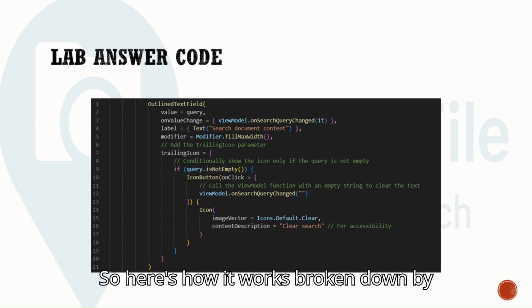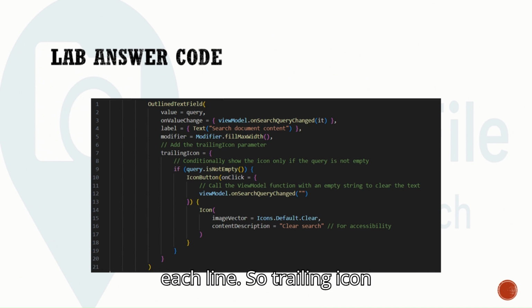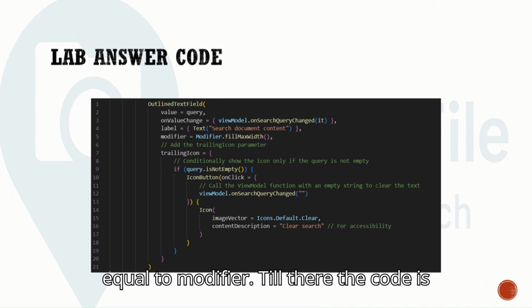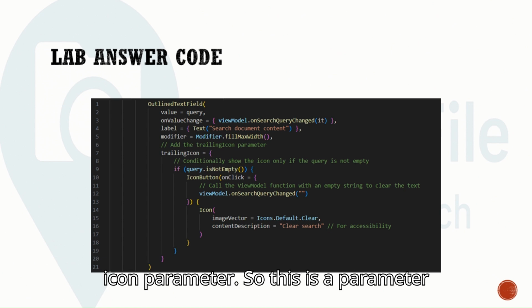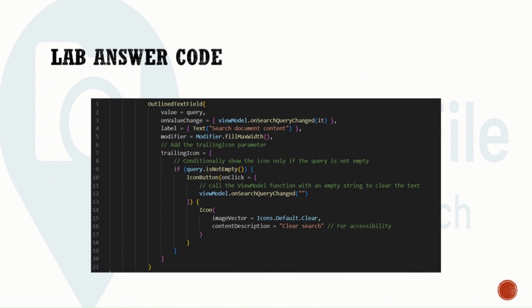So here's how it works, broken down by each line. So trailing icon equal to, so you have to look at the code after modifier equal to modifier. Till there, the code is the same. Then we have added the trailing icon parameter. So this is a parameter of outline text field that lets you define a composable to place at the end of the field.